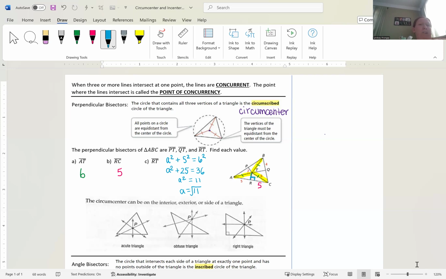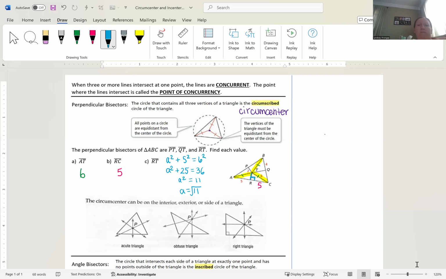That's what we needed for letter A in this. And then we also had the fact that the perpendicular aspect of things created right triangles going on here. So we had to use the Pythagorean theorem to find missing pieces.